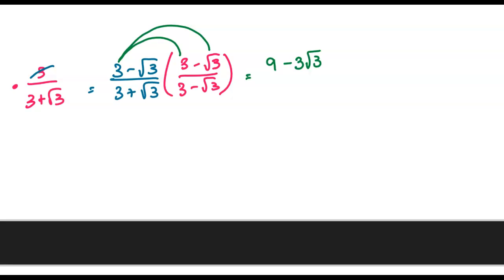And then we also need to remember to multiply the negative root 3 times both of those terms. What is negative root 3 times 3? Negative 3 root 3. And what is negative root 3 times negative root 3? Positive 3. Good.